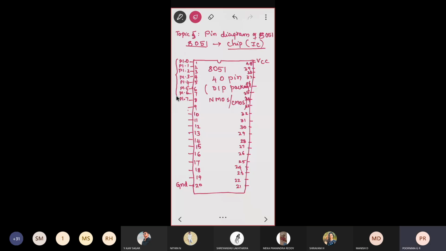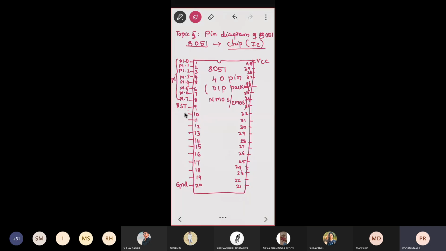8 pins. These pins are represented as P1. Capital P1 means port 1 pins. The 9th pin is the RST pin, that is the reset pin.